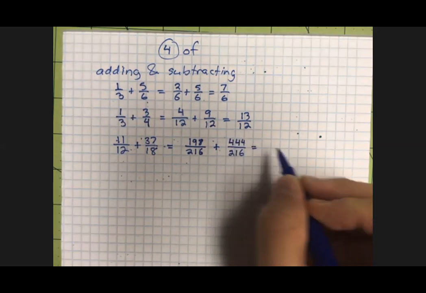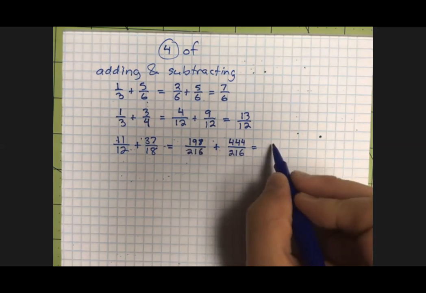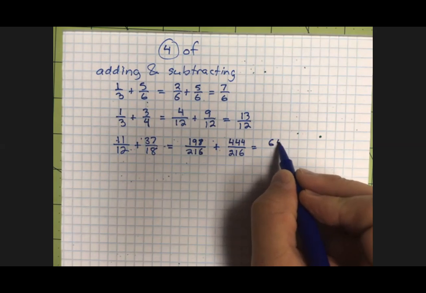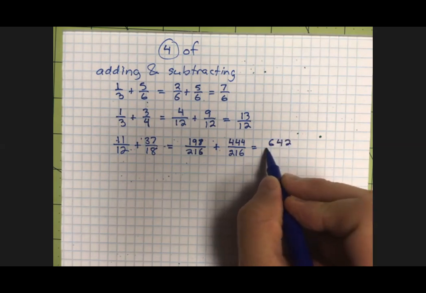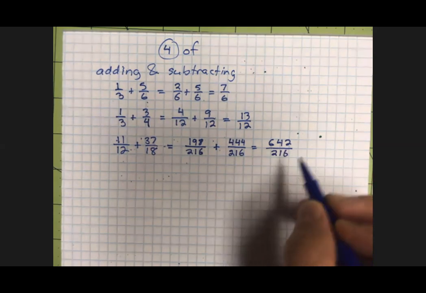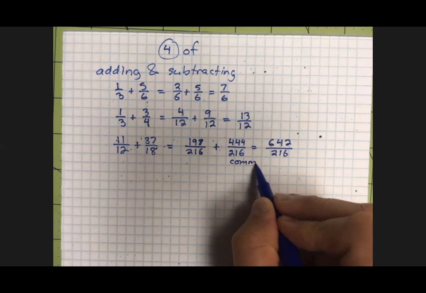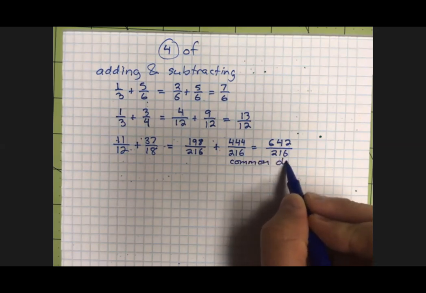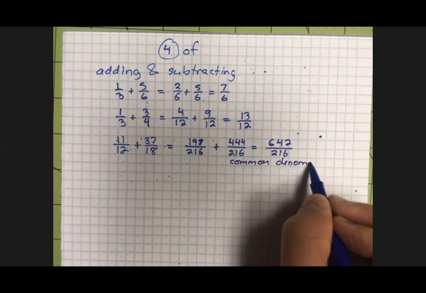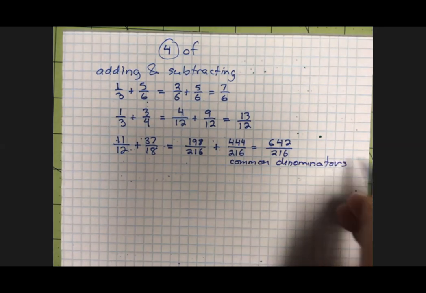Now I'm going to add 444 and 198. 642 over 216. Do you see what I did wrong? And then here's the secret I'm going to tell you.